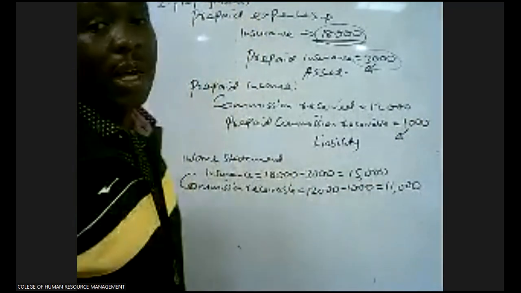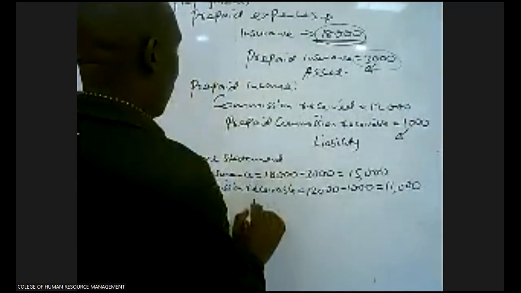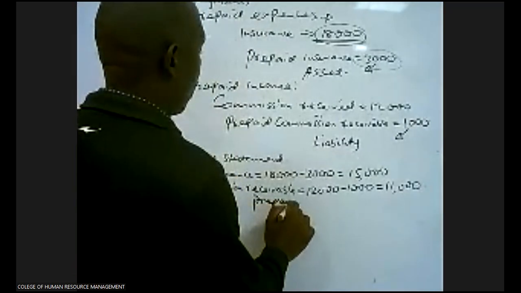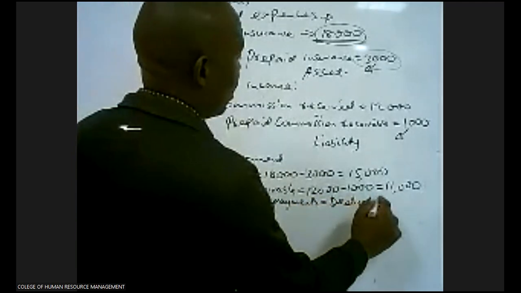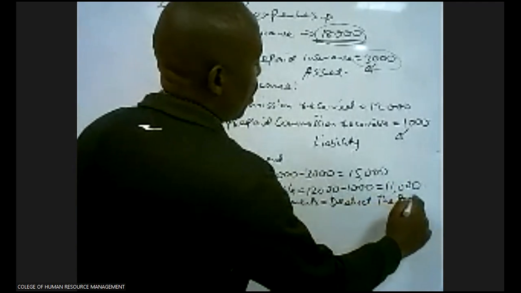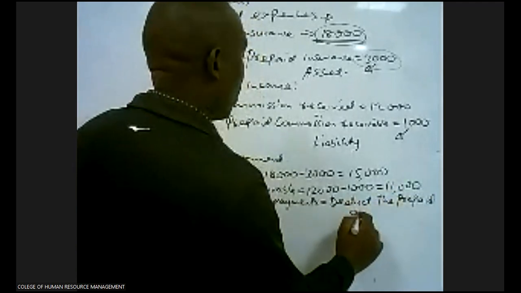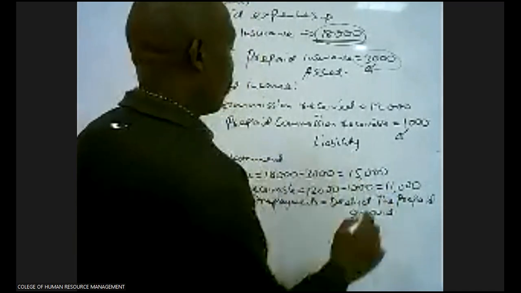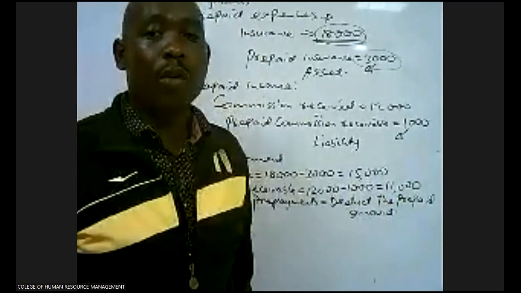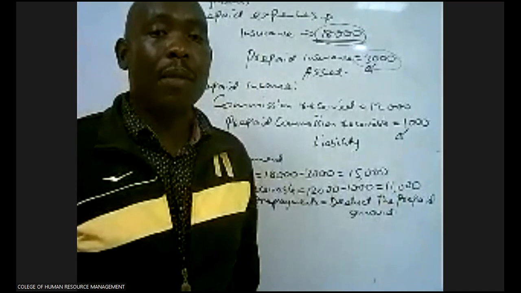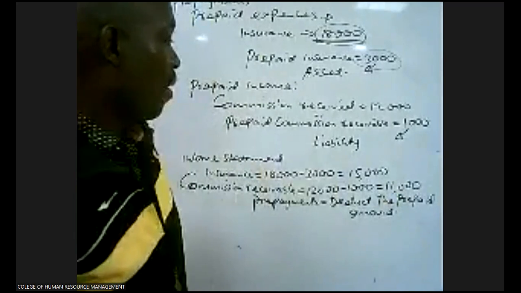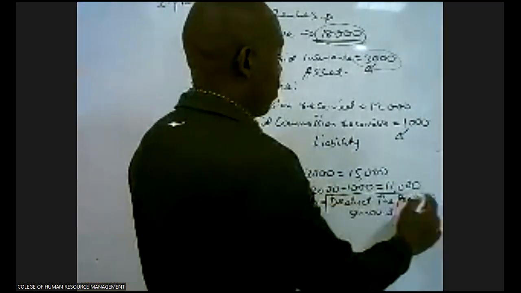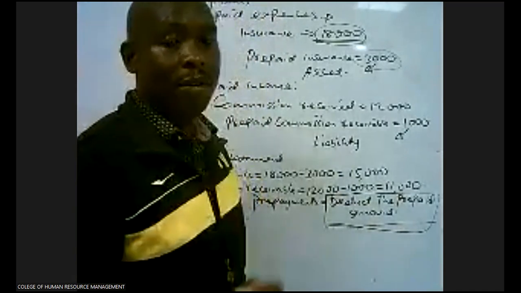So when it comes to the prepayments, we normally deduct the prepaid amount. For the accruals, we say we add. For the prepayment, we subtract or deduct the prepaid amount, so that now you can be able to get the correct amount that was supposed to be paid or received.